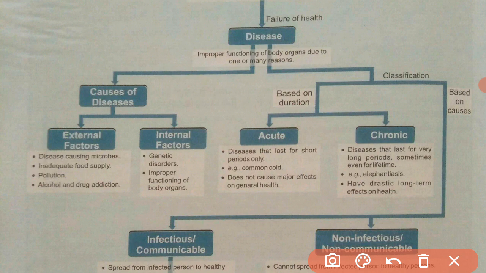The second kind on the basis of duration is chronic, which lasts for a very long period of time, sometimes for a lifetime, like elephantiasis, diabetes and arthritis. These diseases have drastic long-term effects on the body and health. So this is the classification of disease on the basis of duration.